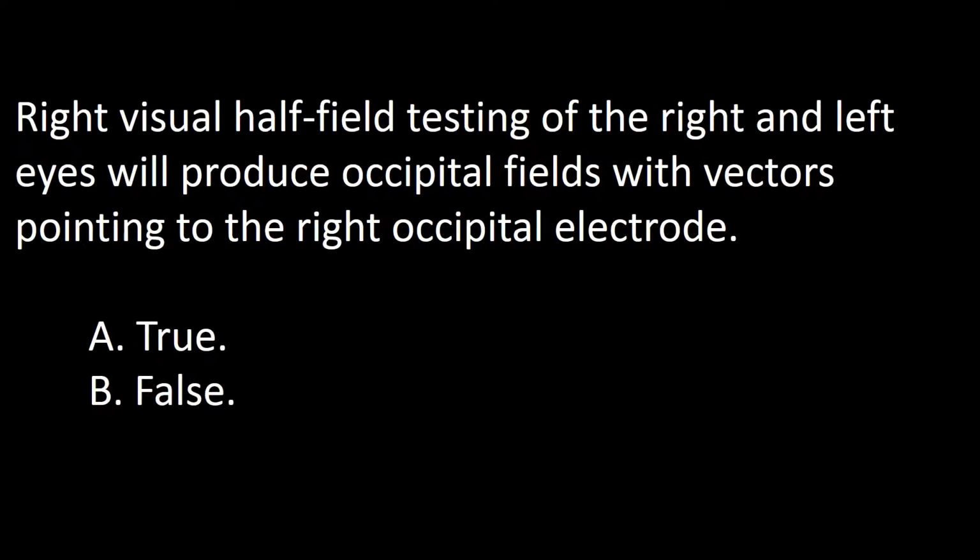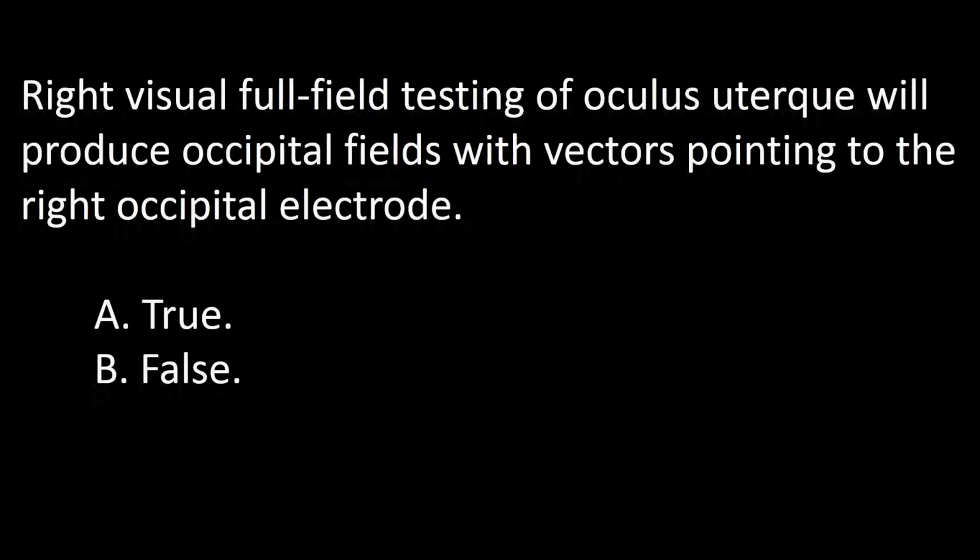So the answer to this question is A. Next question. Right visual full field testing of OU will produce occipital fields with vectors pointing to the right occipital electrode.